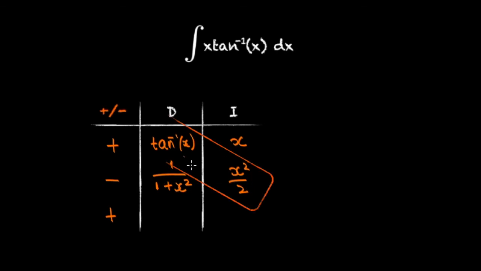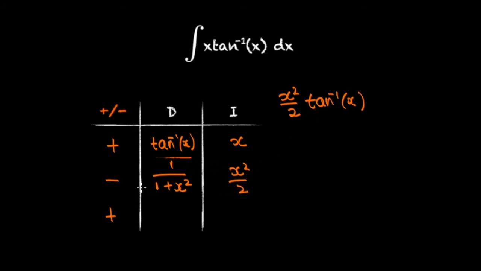So the first term of our answer is going to be x squared over 2 times inverse tan. And our integral is going to be minus, and let's take out the half, so minus a half times the integral of x squared over 1 plus x squared.